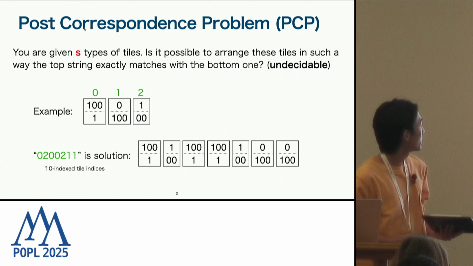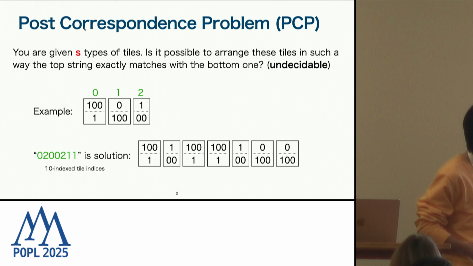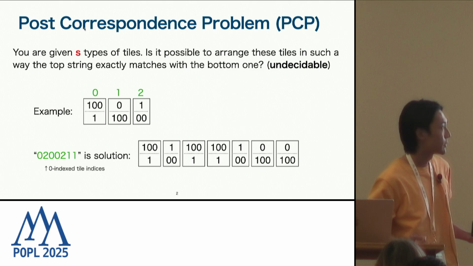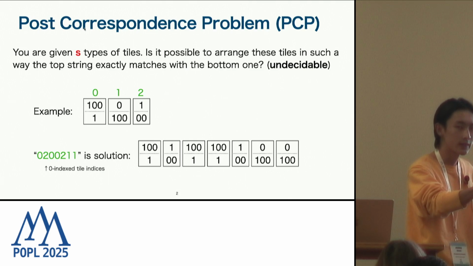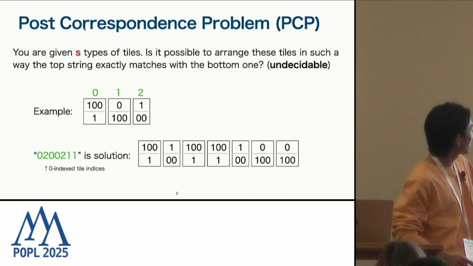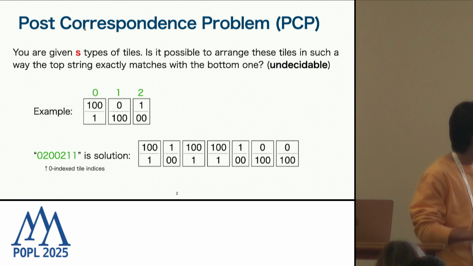The problem is: you are given types of tiles. In this example, you are given 3 types of tiles. Is it possible to arrange these tiles in such a way that the top string exactly matches the bottom one? In this example, one solution is 0, 2, 0, 0, 2, 1, 1, using 0-indexed tile indices.